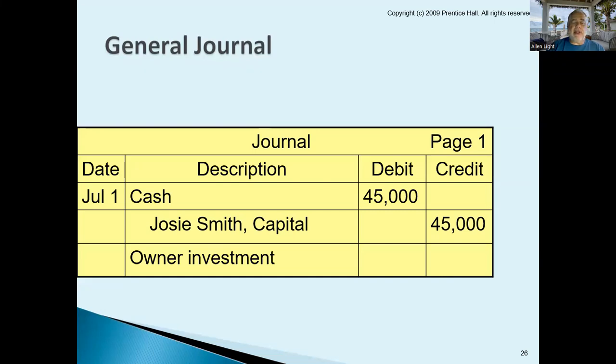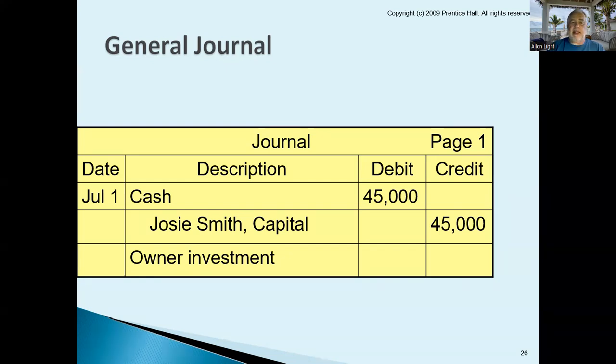We also added to her capital account. Now, the capital account is on the other side of the accounting equation. So this is going to be the opposite. So to add to capital is going to be a credit. So I've got a debit for $45,000 and a credit for $45,000.